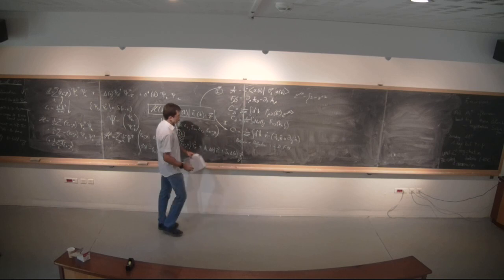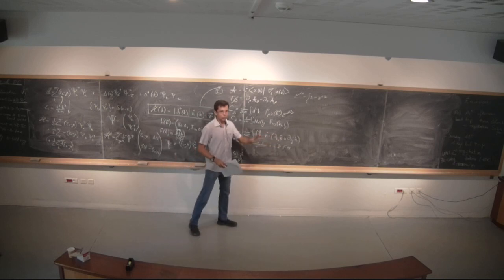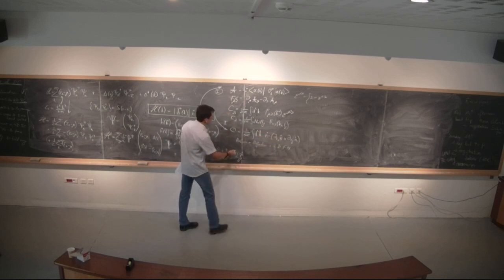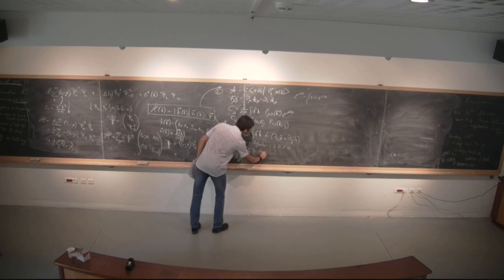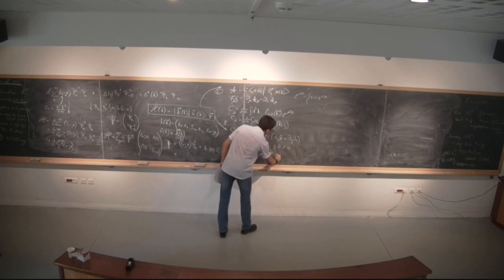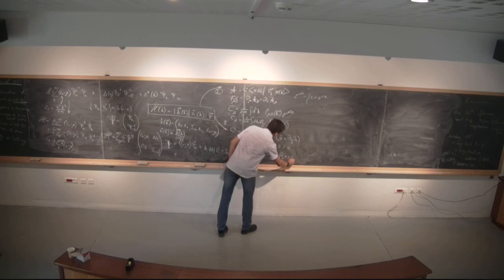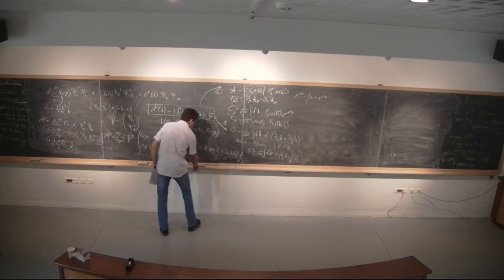And in their formulation, they didn't have kx and ky. It was formulated entirely in real space. And the Chern number was given by 1 over 4 pi integral over d2x of n dot dxn cross dyn.